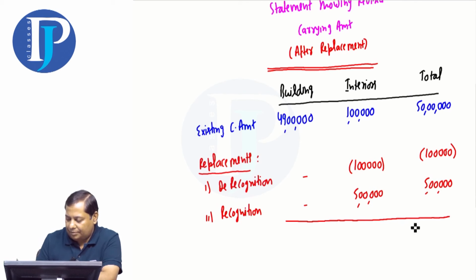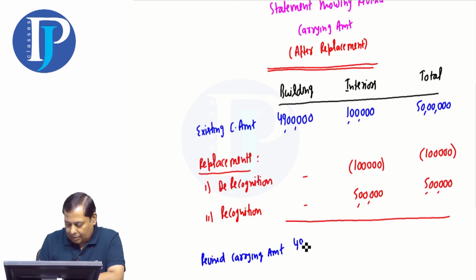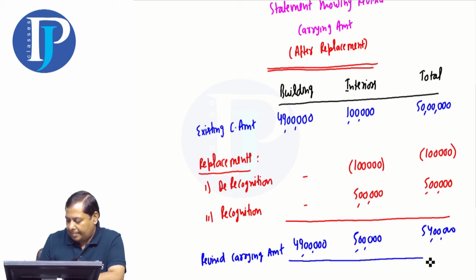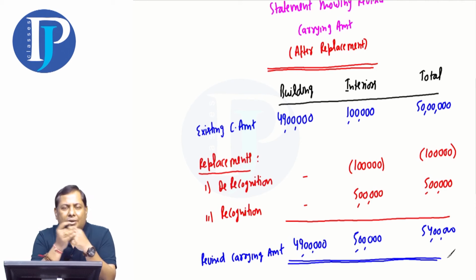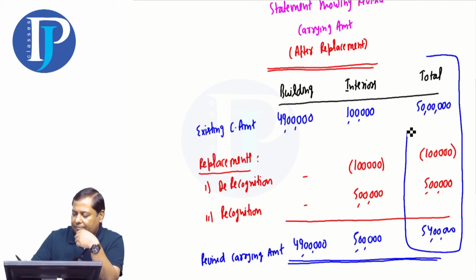So the revised carrying amount: this is 49 lakh rupees, here this is 5 lakh rupees, this is 54 lakh rupees. It's a small thing, but it often causes confusion. And this 54, this particular column was given in the answer, but it should be presented like this.